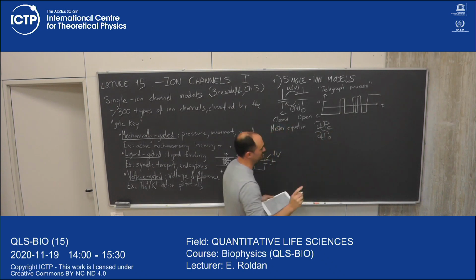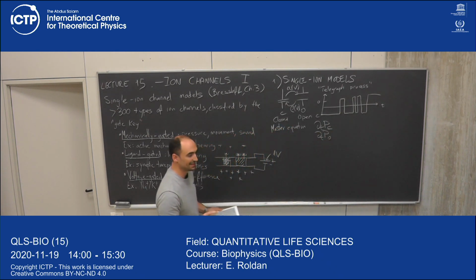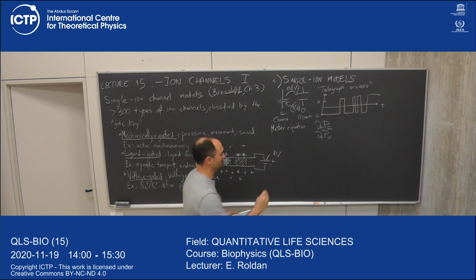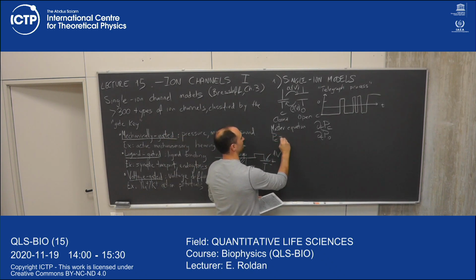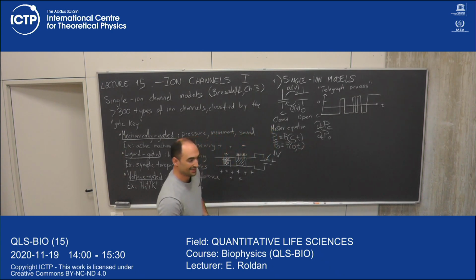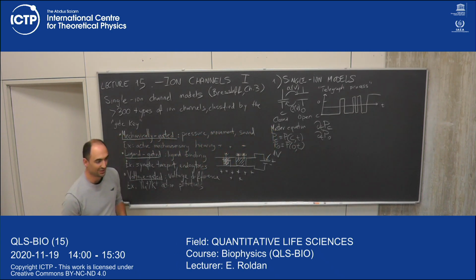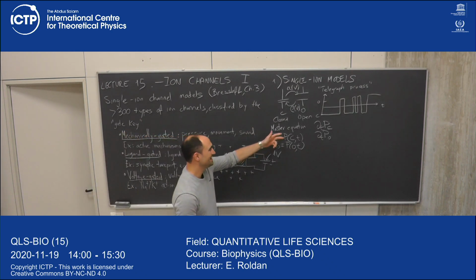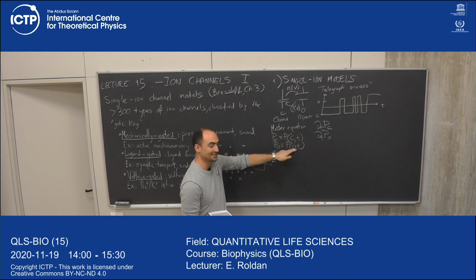This is the probability to be in a closed state at time t, and this is the probability to be open at time t. Before, in my lecture on stochastic processes, x was 2 things, like x equal 1 and x equal minus 1. But it doesn't matter. You can write it like this.